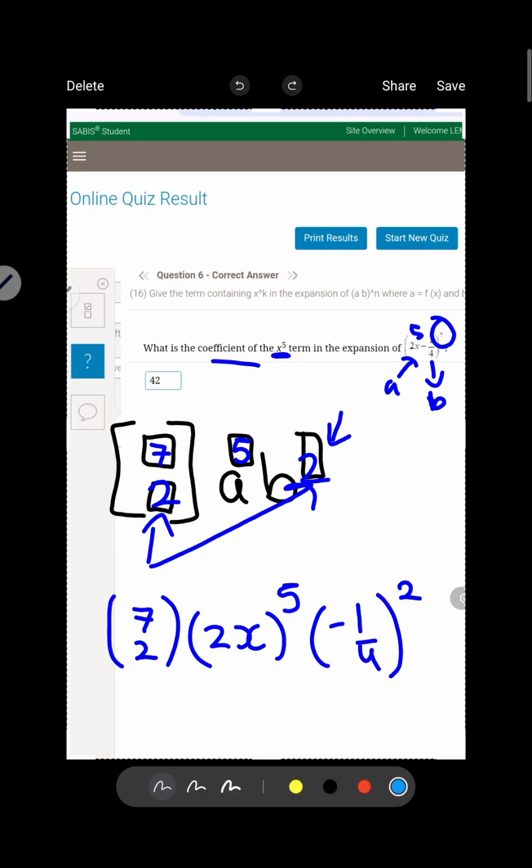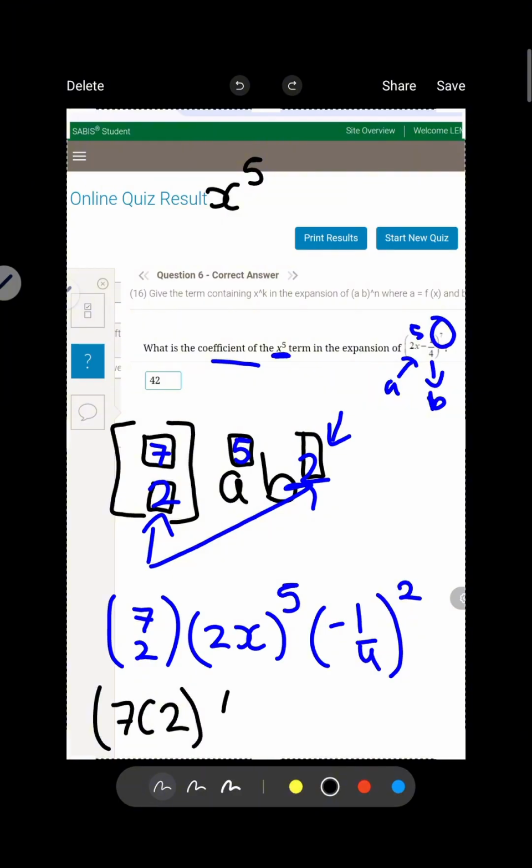Okay? Now, we are going to put on the calculator 7C2. Put it in a bracket. Now, what is x to the power of 5? It's x to the power of 5, right? So just put it here aside. Don't put it in the calculator. You're going to get an error if you do.